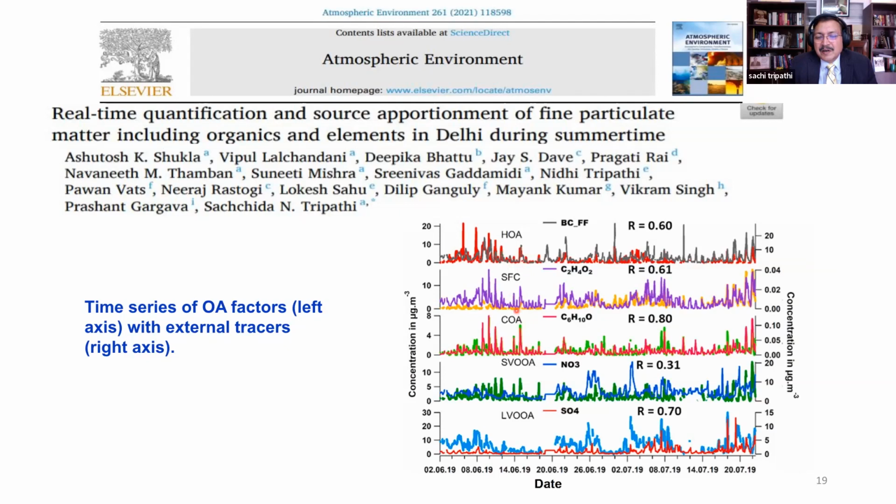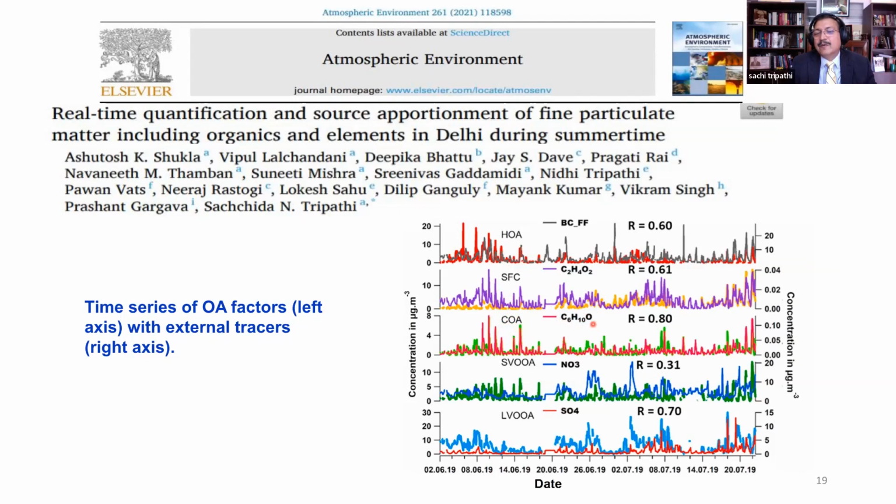Now in summer, we got an interesting factor which was not seen before in Delhi. And this you cannot get from offline methods, which is a cooking oxygenated aerosol. This source was resolved, very interesting, because you could get molecular signatures.